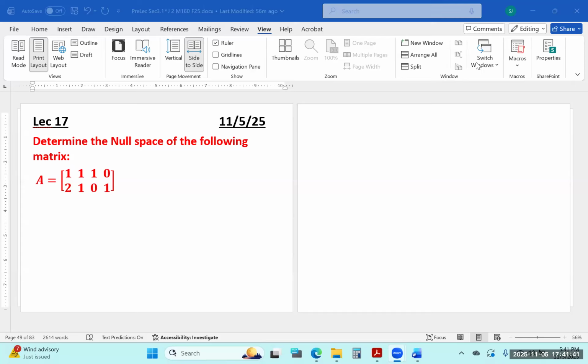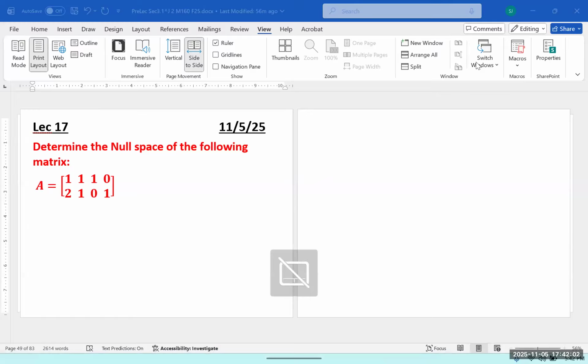And then you put it into the span, vector form. So how do you determine the dimension of the space? Number of vectors. After you solve your system of equations, depending on how many vectors you get as a solution, that's the dimension of your null space.